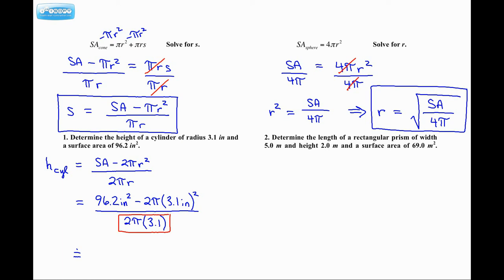So when you hit divide, open a bracket. All scientific calculators should have a bracket. So hit your bracket and then type 2 times pi times 3.1 and then close your bracket. And then hit equals.